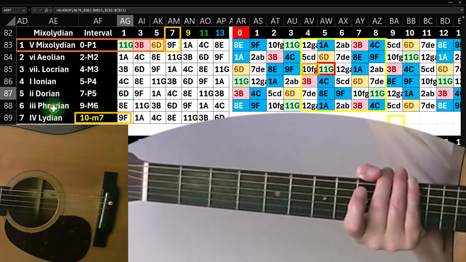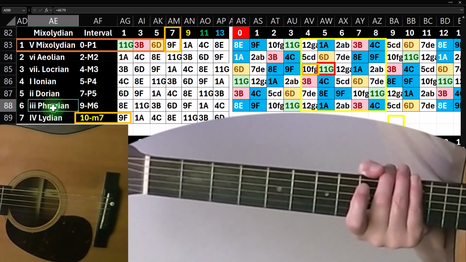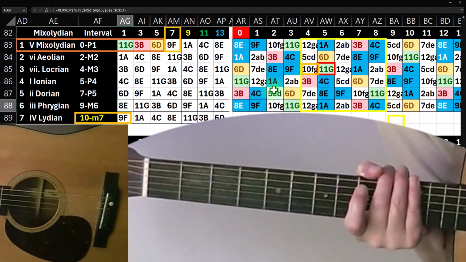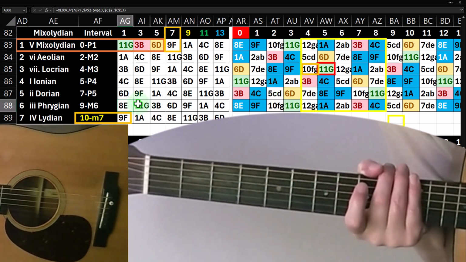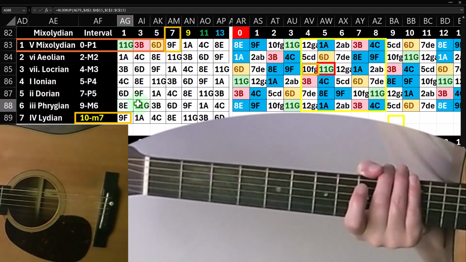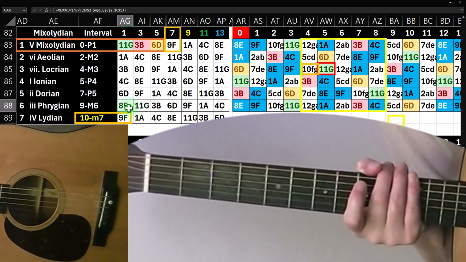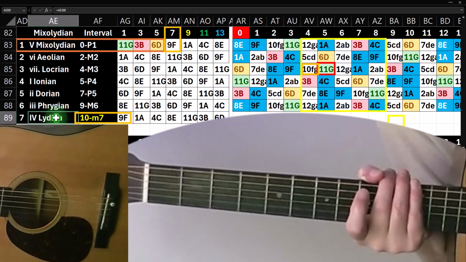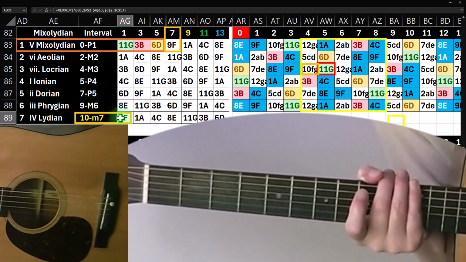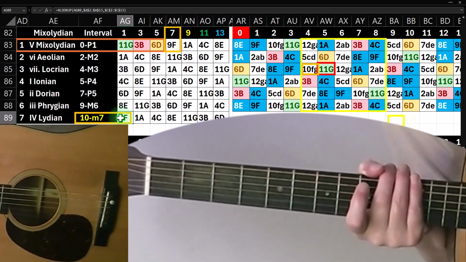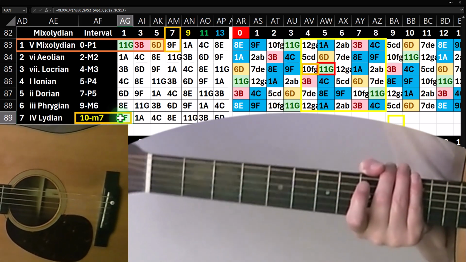The Phrygian is a minor mode. I can take the E Phrygian, which has all the same notes, and convert it with one shift of an interval to an E minor, right? And then the Lydian is a major mode. So the F Lydian, I can convert by shifting one interval to the F major.